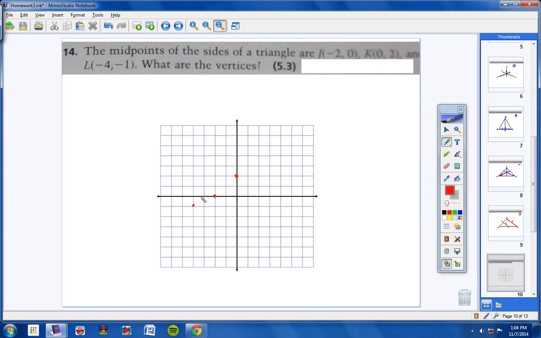Now, students, think about it. These are the midpoints of the sides of a triangle. So if I connect this right here, that means this has to be parallel to the side over here, this side of the triangle.